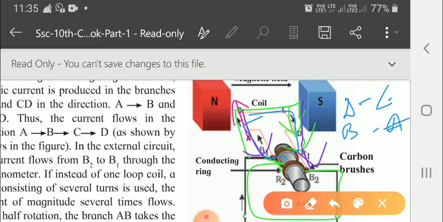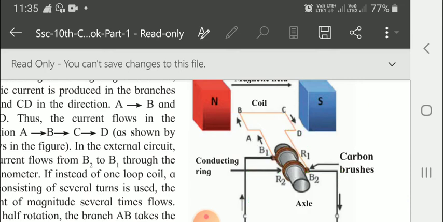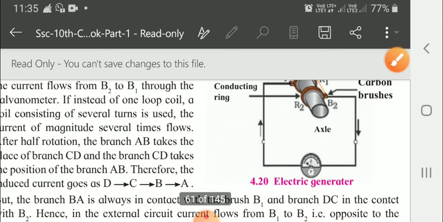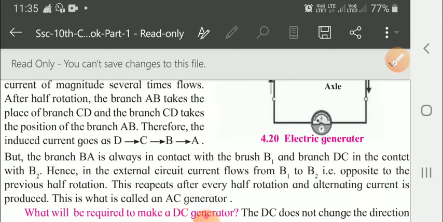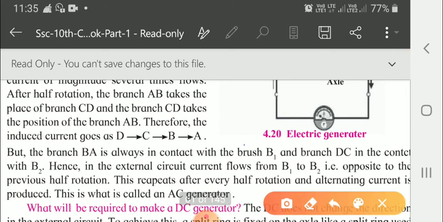So this process repeats after every half rotation and alternating current is produced. This is what is called the AC generator. So this point you have to underline. So this is all about the electric generator, and this way the current is produced.